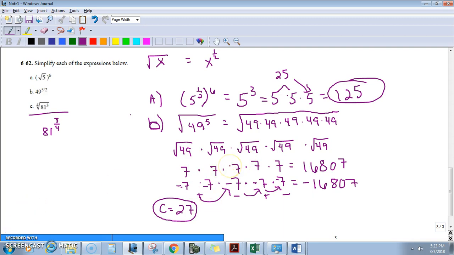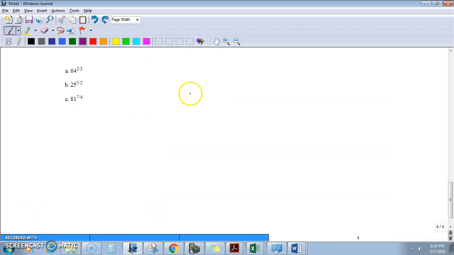All right, what's the next question? Last question. All right, A says 64 to the 2/3 power, but it wants us to show our steps. So that is the same as the cubed root of 64 times 64. And because it says 64 squared, and I know that 64 has a cubed root, I think it's 4, right?